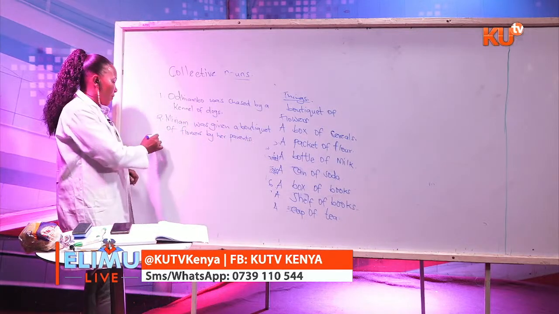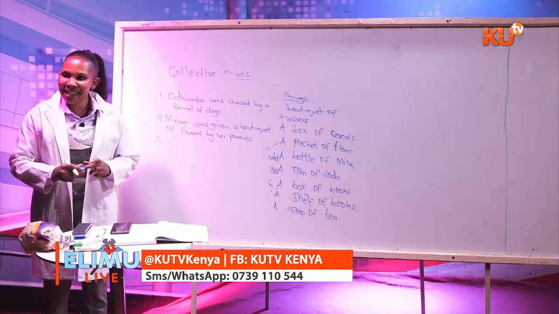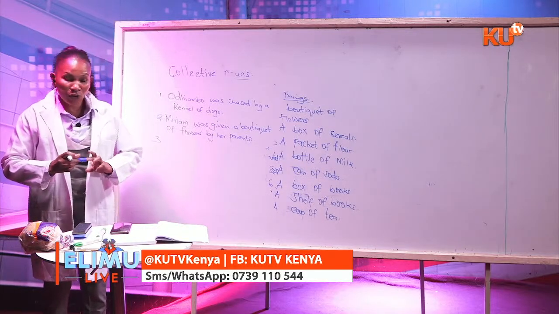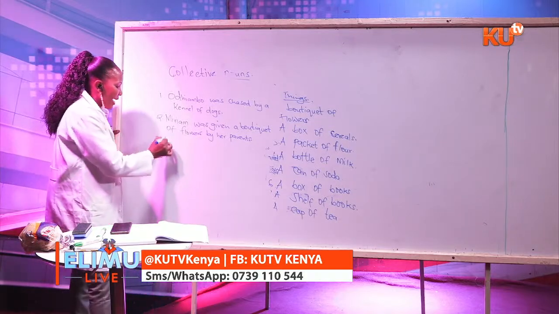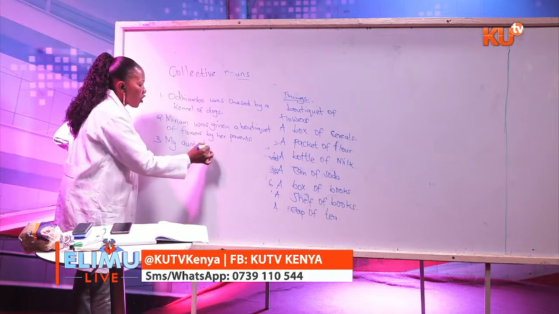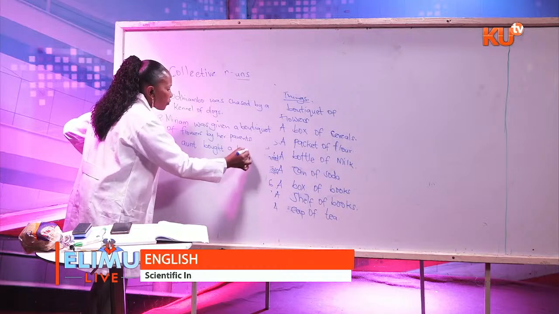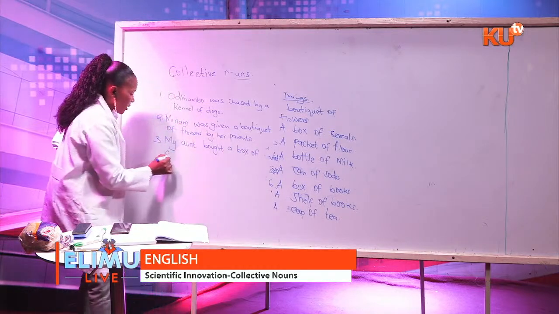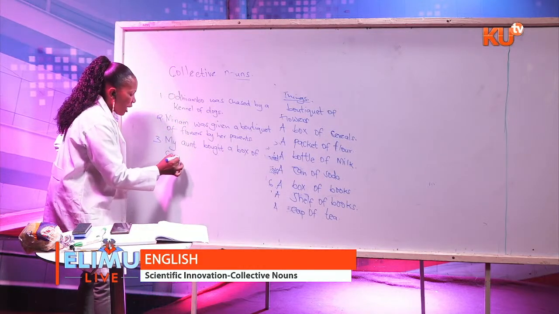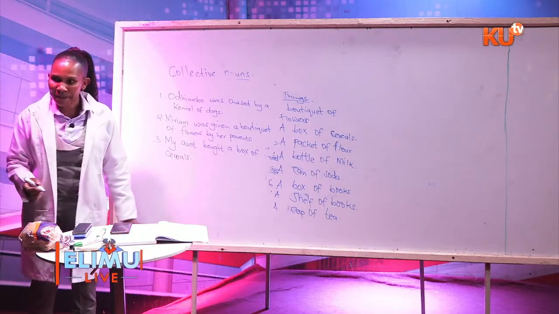A box of cereals. My aunt bought a box of cereals. A packet of flour.